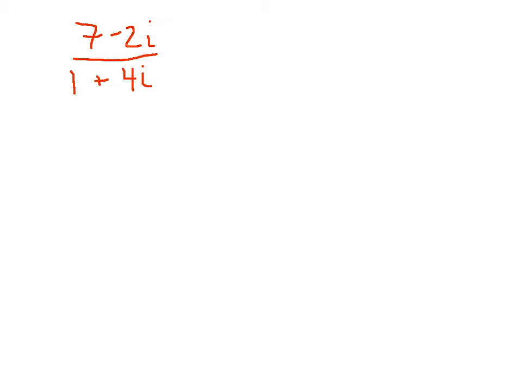And we're not going to do it by using long division or any division techniques, but we're going to use the strategy that we used in a previous section, where instead of dividing out, if we could just change the denominator to be a rational number, then we can split it apart if we need it to be. We can write it as one thing, one rational expression, or in this case, one complex number.